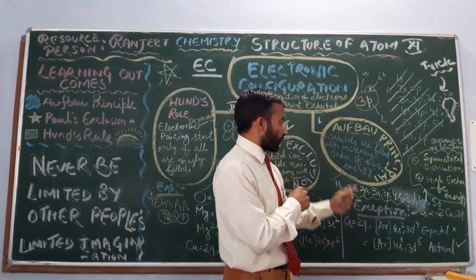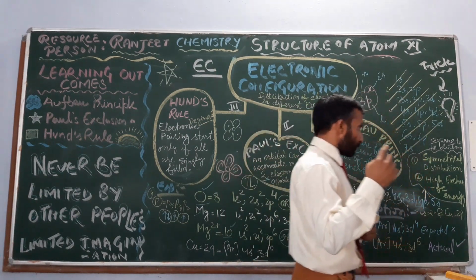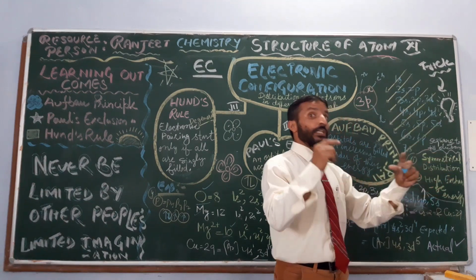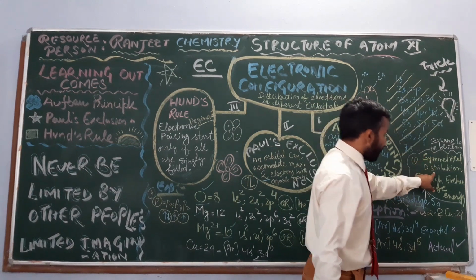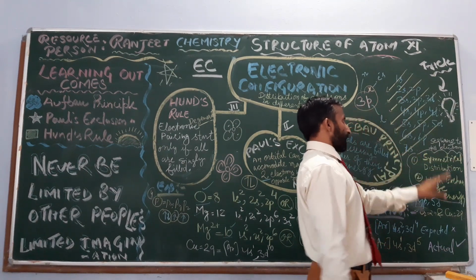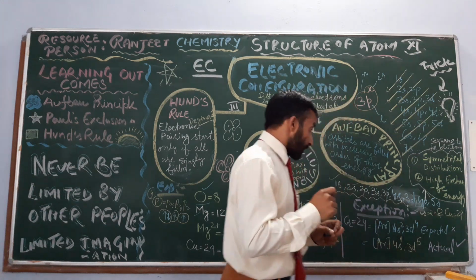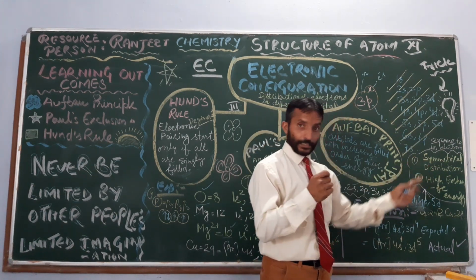Here also this exceptional electronic configuration is due to two very important reasons which lead to stability. What are these? Symmetrical distribution of electrons and high exchange energy. Let us first deal with the example, then see how these are applied.